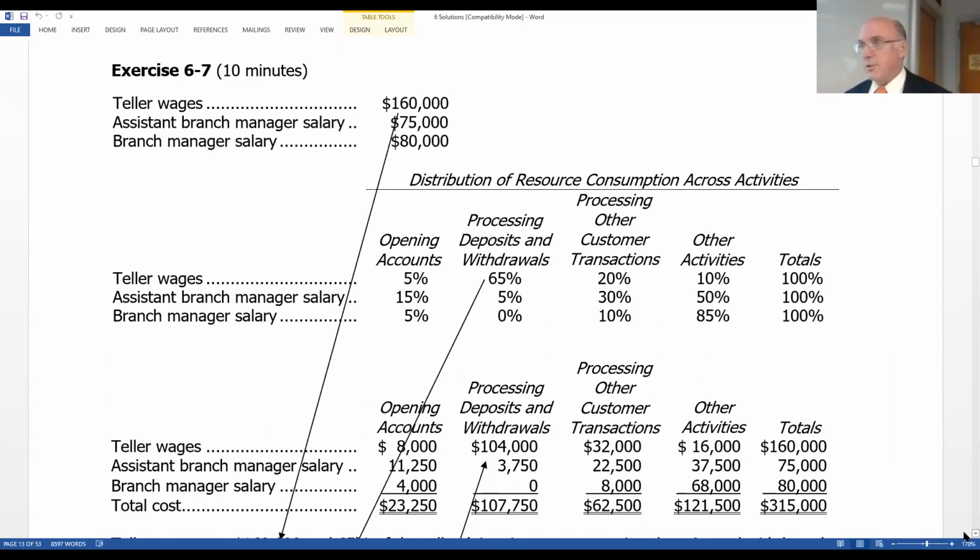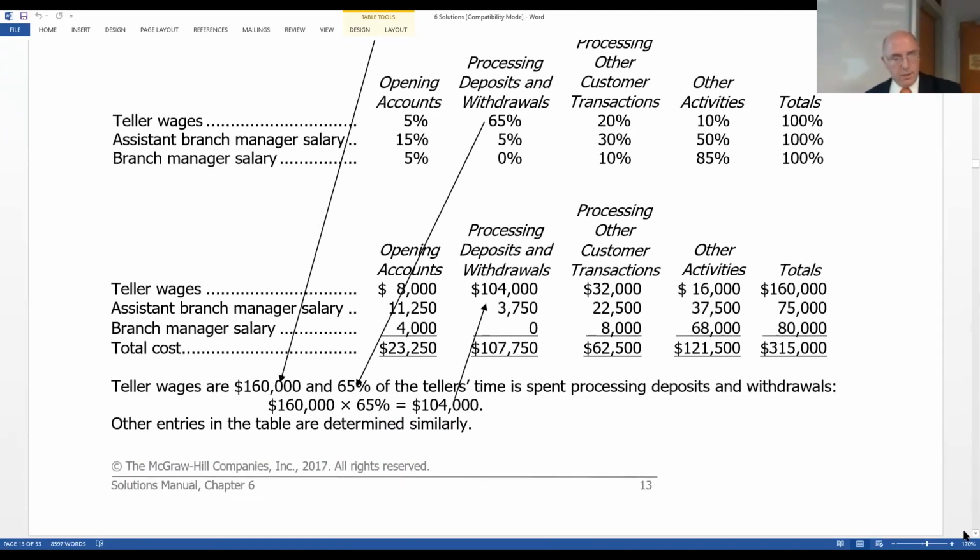If you have enough branches, somebody's going to have a better number on a per account basis. You have to take that 23,250 and divide it by something, the number of accounts you opened. So how much does it cost you to open one account? And then you can figure out what the cost per account is. Are there any questions about any of the numbers on this screen? No? Okay.